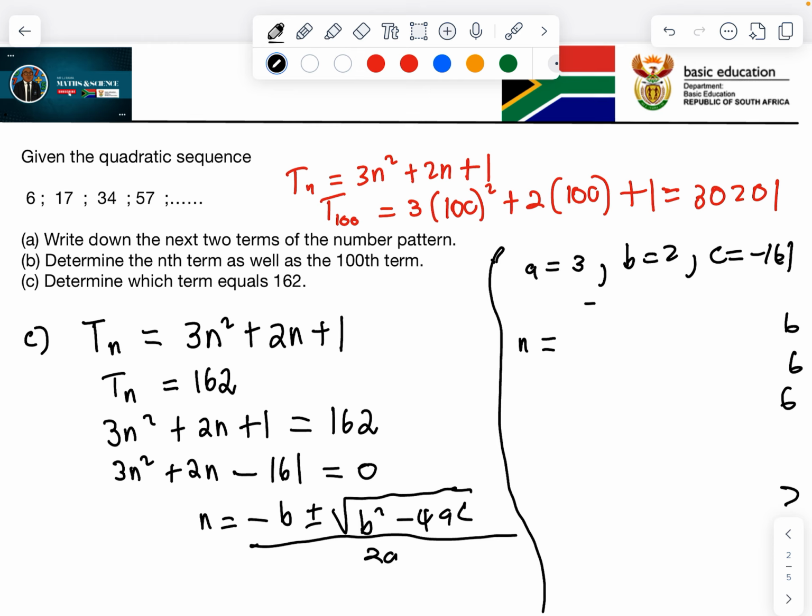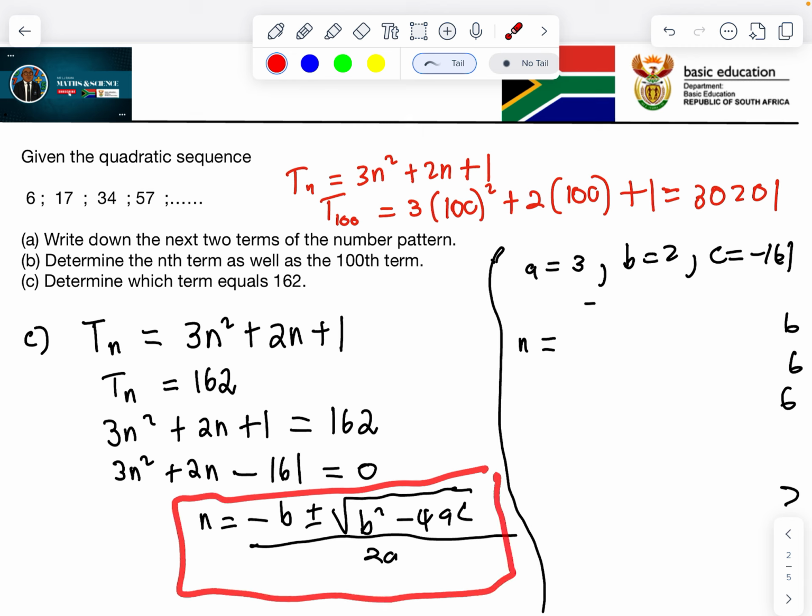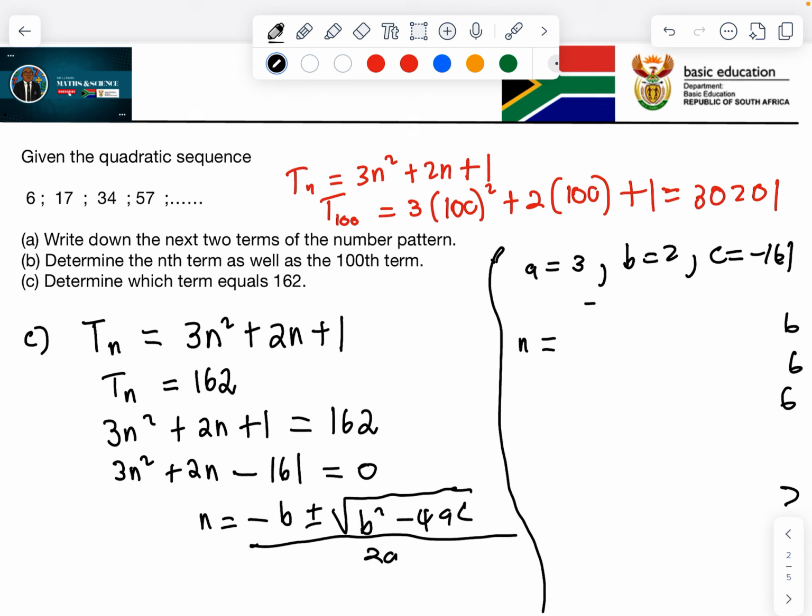You'll substitute all these constants into the quadratic formula, and you should get an answer of 7, as well as another answer, which is minus 23 over 3. However, n can never be negative, so this is not applicable. So the correct answer is n is 7.